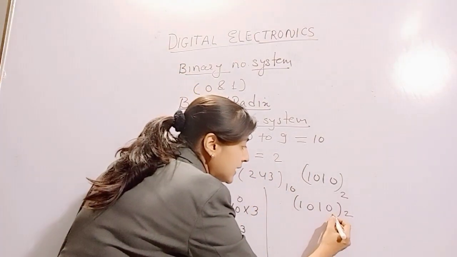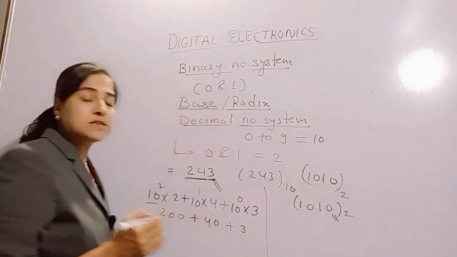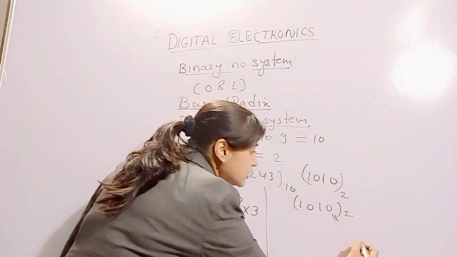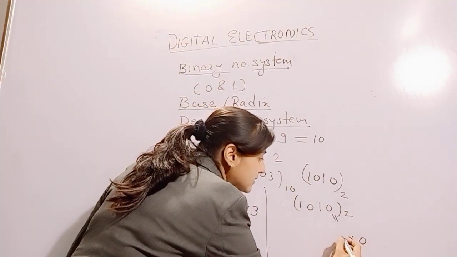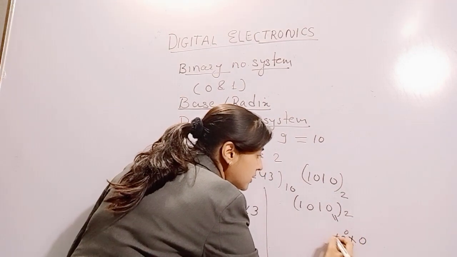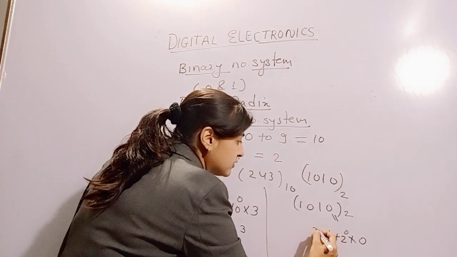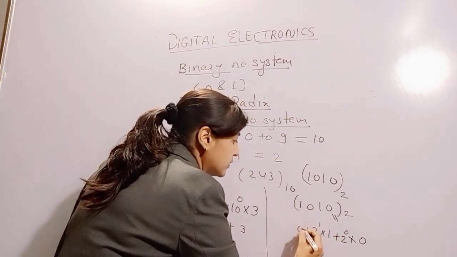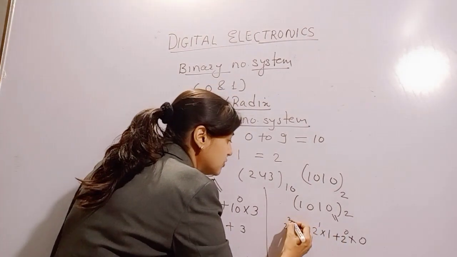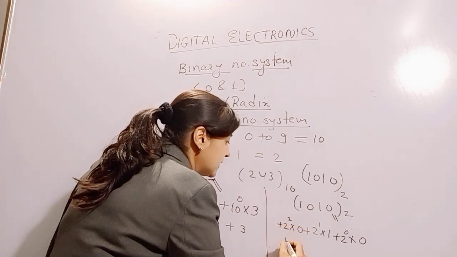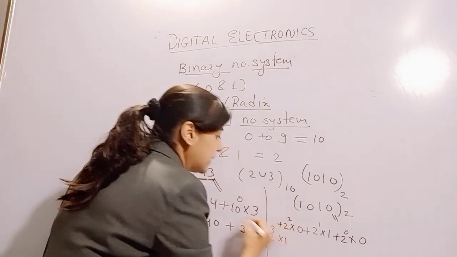As this number system is binary, its base is 2, so I can write this in ascending powers of 2: 0 into 2 raised to 0, plus 1 into 2 raised to 1, plus 0 into 2 raised to 2, plus 1 into 2 raised to 3.